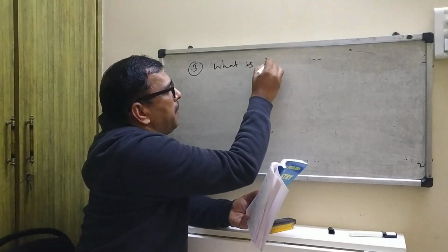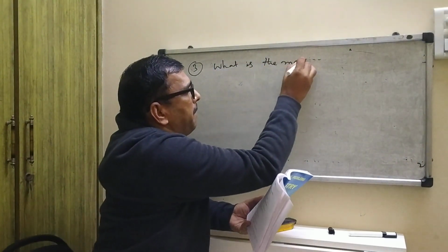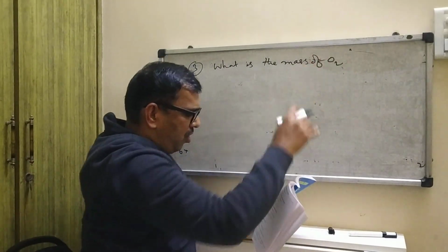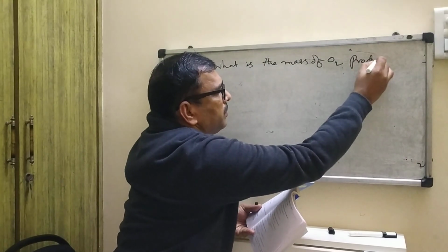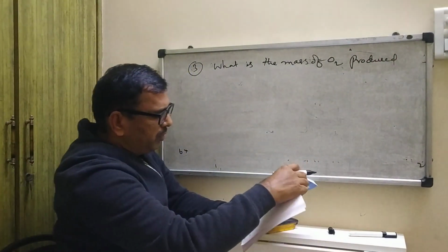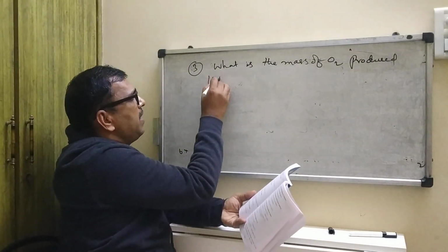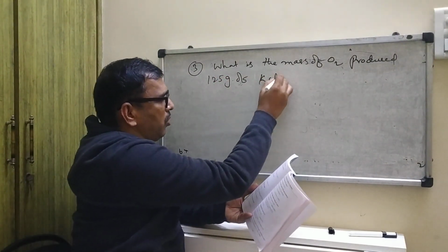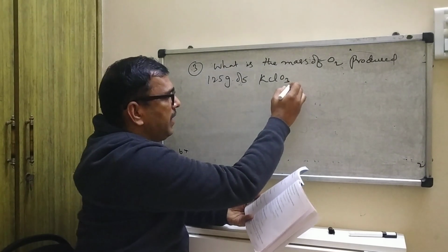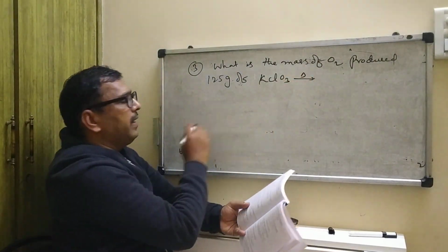What is the mass of oxygen produced if 125 grams of potassium chlorate is decomposed on strong heating?